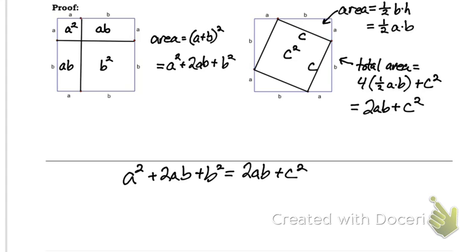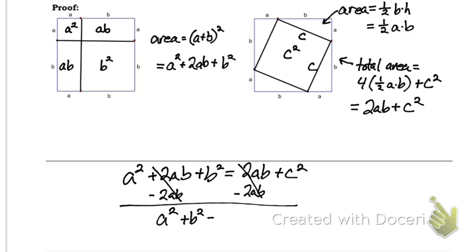C squared. Well, the only thing I could do to simplify this would be to subtract 2AB from both sides, or 2BA if you wrote BA instead of AB. This would cancel, and in fact you're left with A squared plus B squared equals C squared.